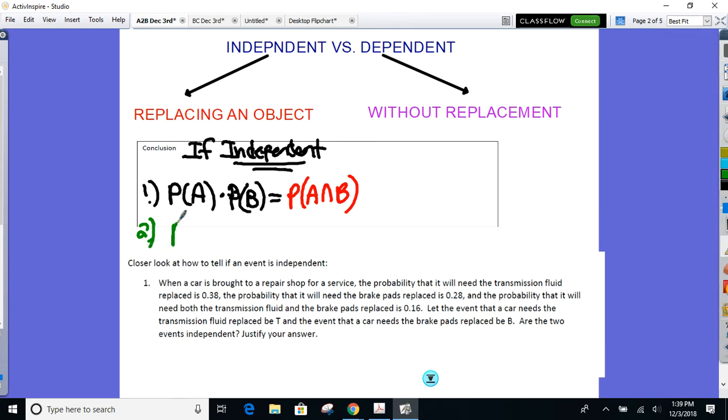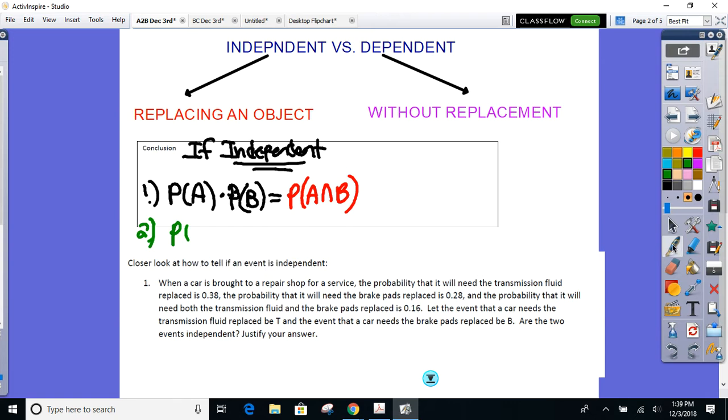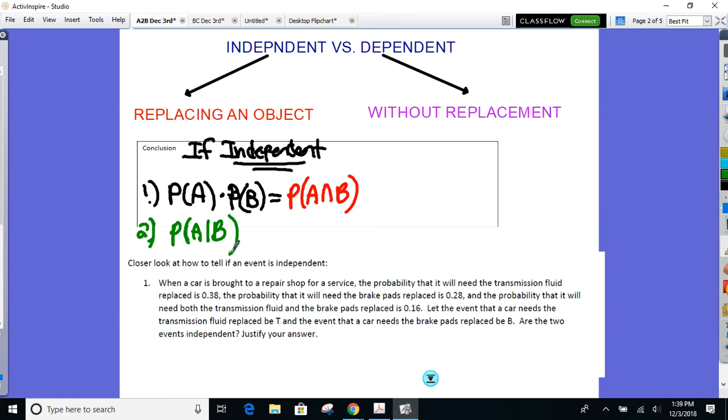You could say the probability of A given B, and I just went over 2 of those problems with Kylie, how to figure out that probability, is equal to the probability of A. Those two should be equal if they're independent. It doesn't matter if B happens or not. The probability of A will be the same.